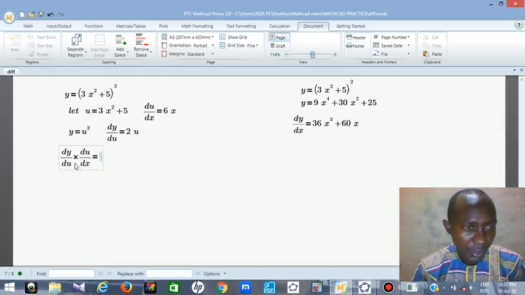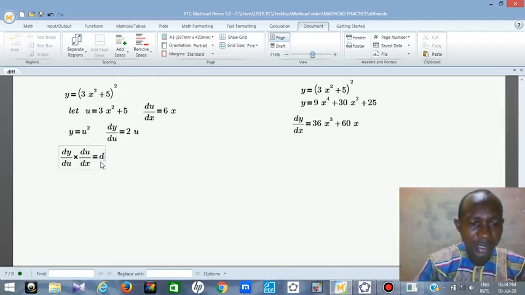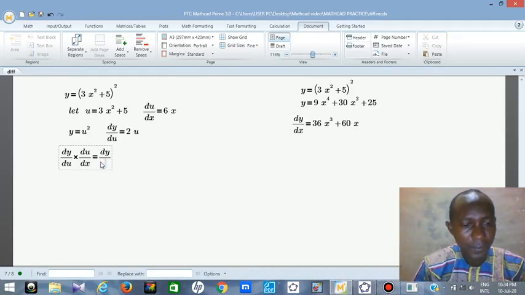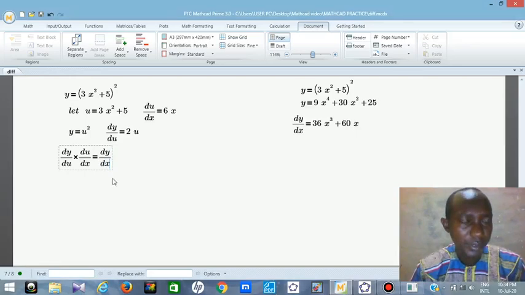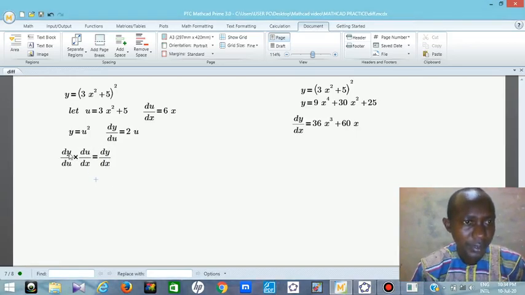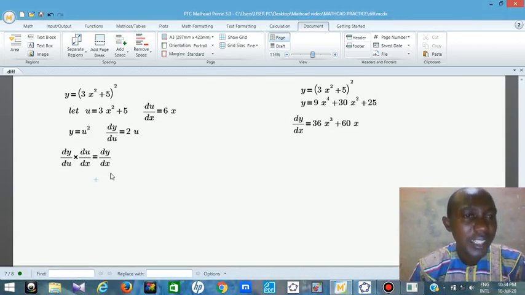Mere looking at it, you can see du will cancel du. So when du cancels du, your answer is going to be dy dx. You understand what I just did? du cancels this du, leaving dy over 1 and dx over 1. So what I'm indirectly saying is dy dx is equal to dy du times du dx.